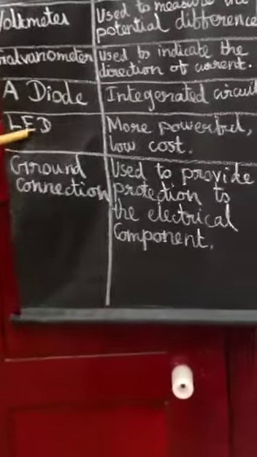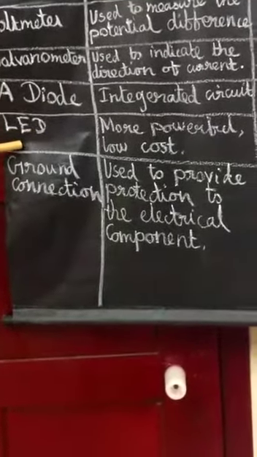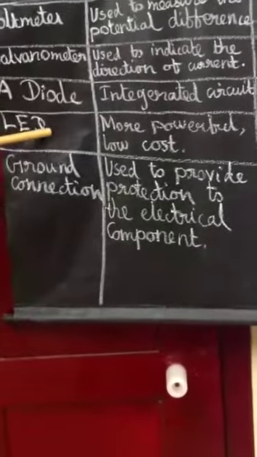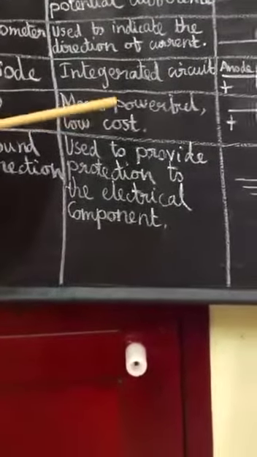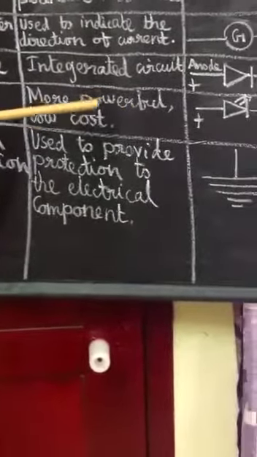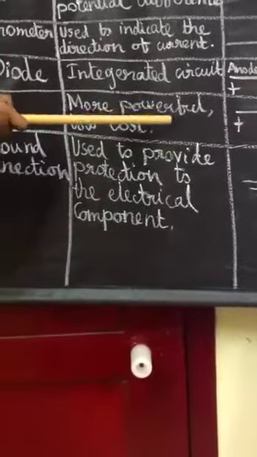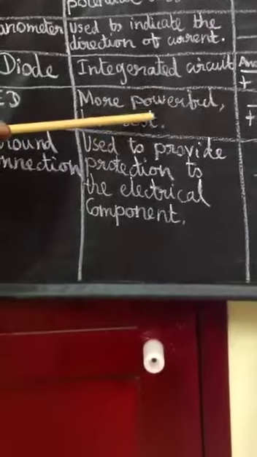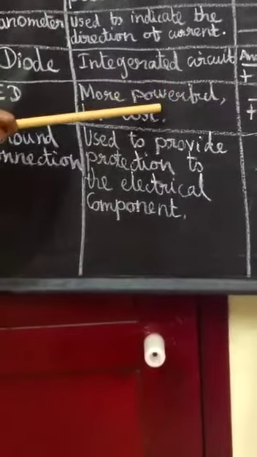The next one, LED. LED is the abbreviation of light emitting diode. The light emitting diode is more powerful than other lights and low cost to prepare as LED bulbs.